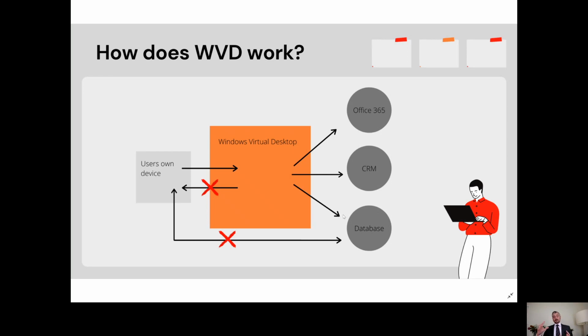So basically the ingress or egress data, so data coming into and going out of that service, you can put a series of limitations for people connecting to that service, what they can and can't pull out. So that's one of the advantages of using something like Windows Virtual Desktop, is that you can configure it so that people can't remove data from that network, or inversely push data into it.